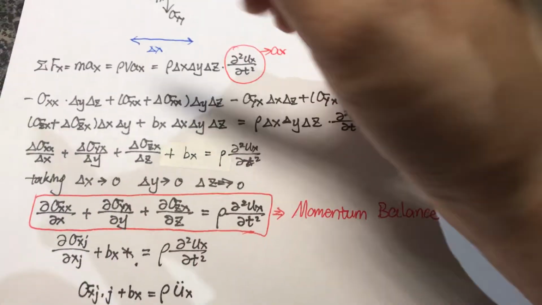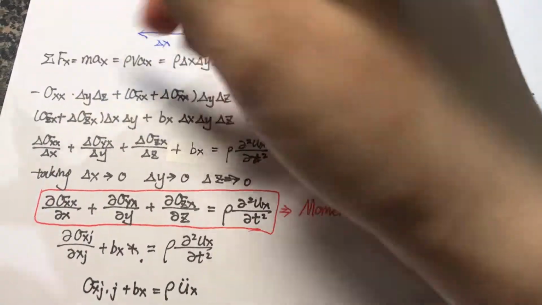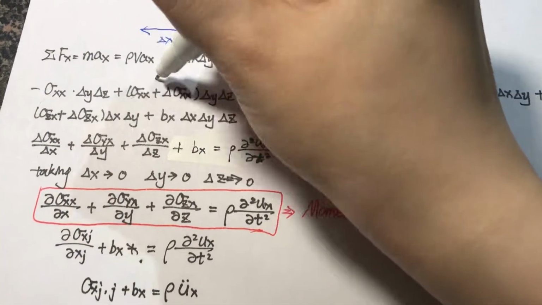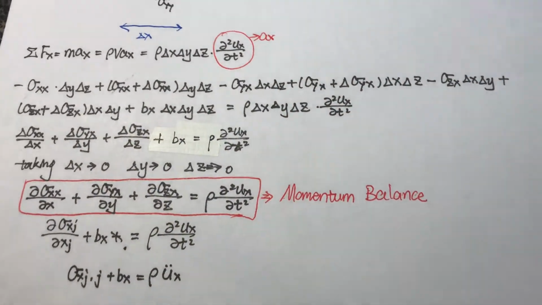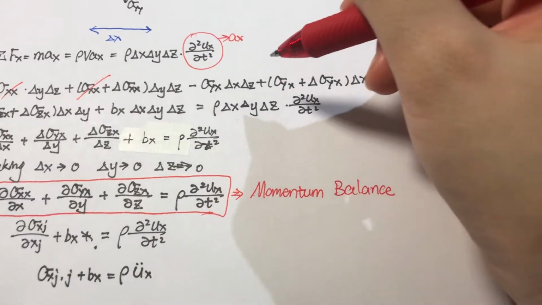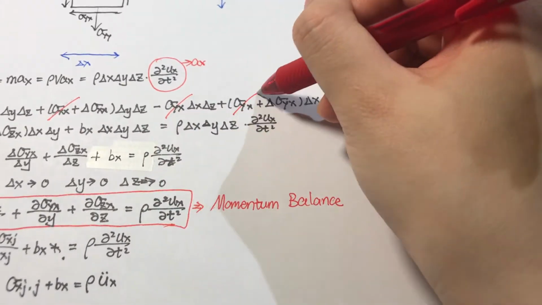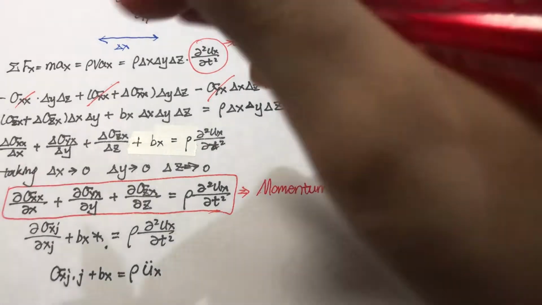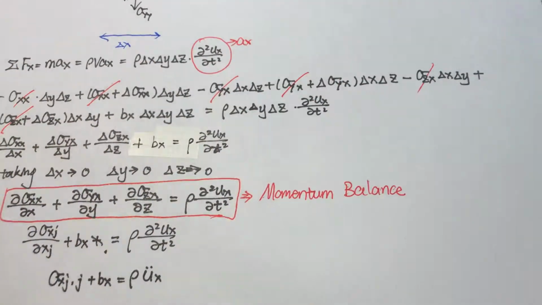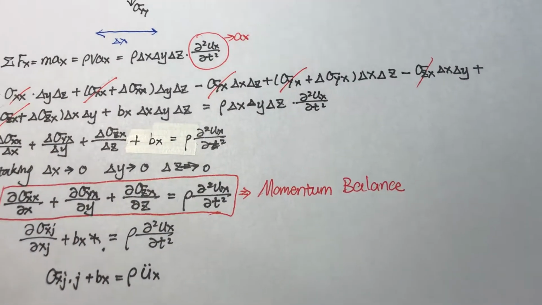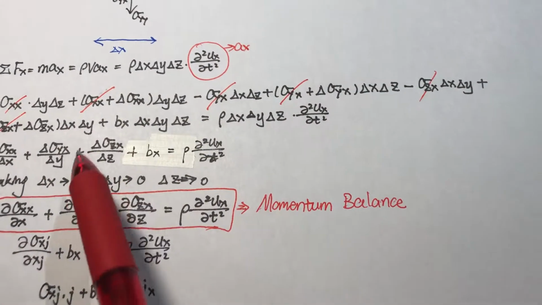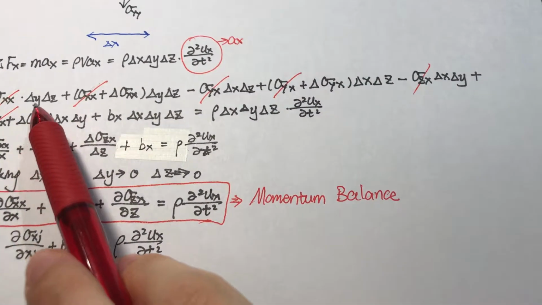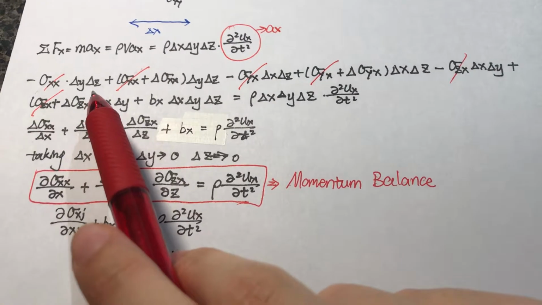And we cancel the sigma xx, sigma xx, sigma yx, sigma yx, sigma zx, sigma zx, and are left with the delta terms, and divide both sides by delta x, delta y, delta z.